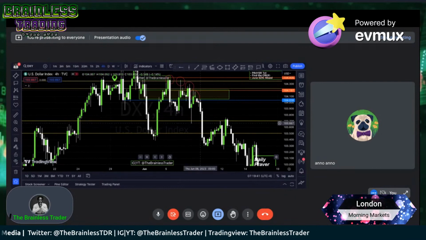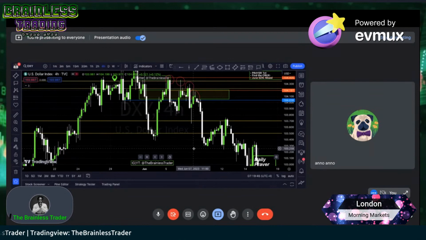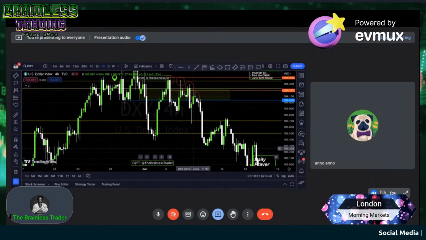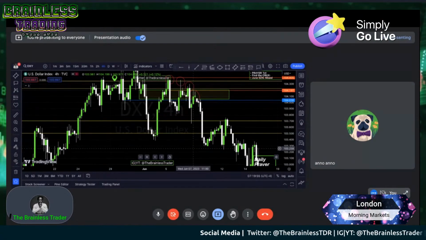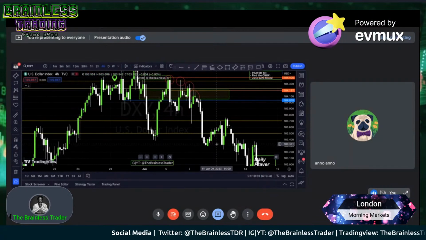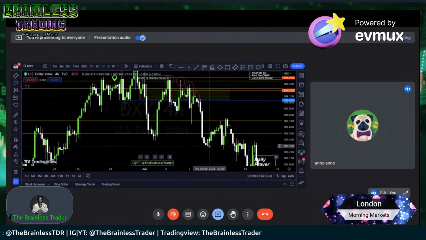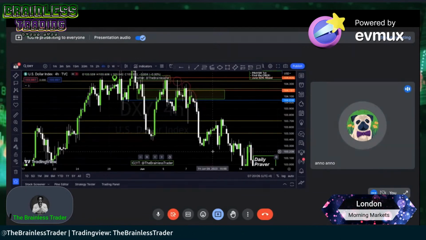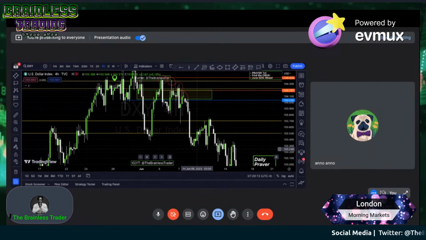That action, on a lower scale, is like an intermediate term market structure shift. It's not the full market structure shift to change the higher time frame. Yes, that's technically intermediate low and intermediate high, but I'm not talking about that specific concept, because to me that is a little bit of a confusing concept to understand.